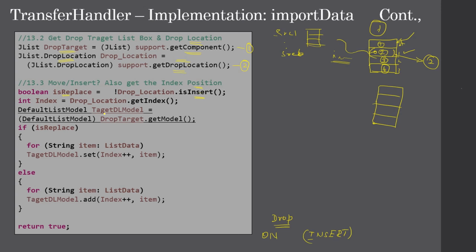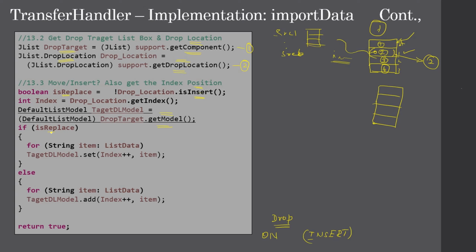So from the drop target we are getting the default list model, using the function getModel that will give us the data. Once the target default list model is ready, why? Because we want to make changes to this data, right? That's why we are getting the default list model of the drop target.